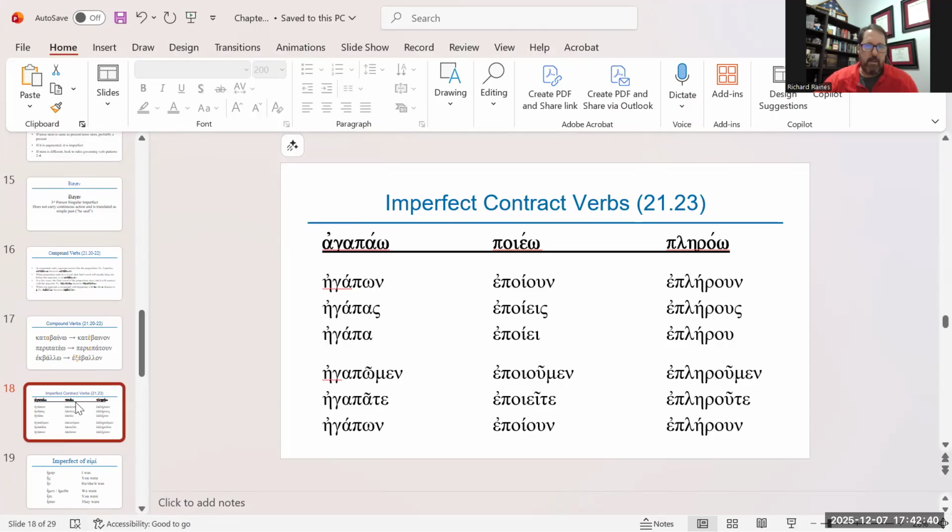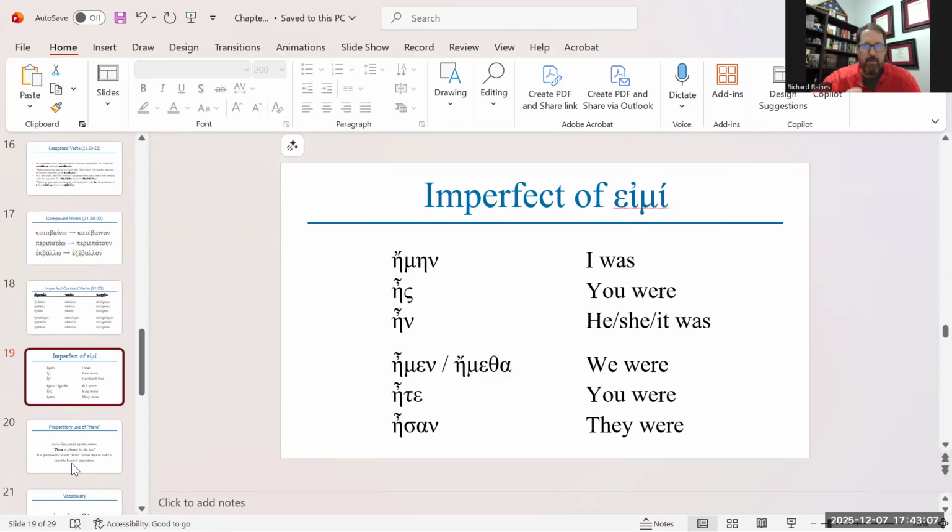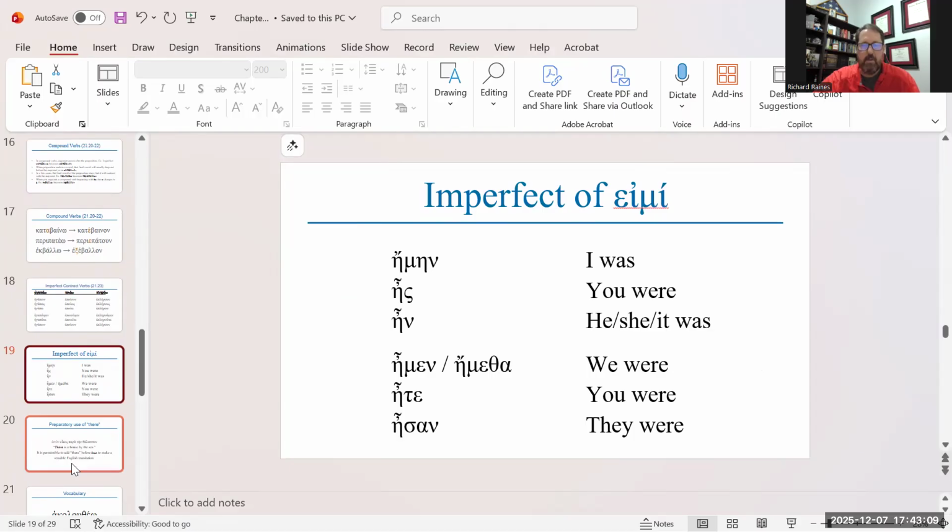We've seen this already. You see the alpha in agapao linked into the eta. You see the epsilon augment that's added to poieo, and again the epsilon augment that's added to plēroo. And then you have the imperfect of eimi, which is I am, that you have to memorize.